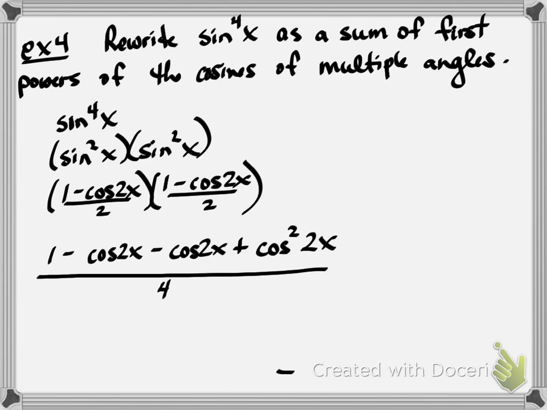Okay, so we're going to bring 1/4 to the front rather than divide it all by 4. Leave a 1 alone. These are like terms that we can combine. One of these cosine 2x's and one more gives us 2 of them.